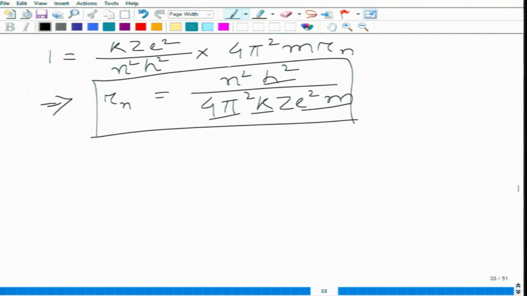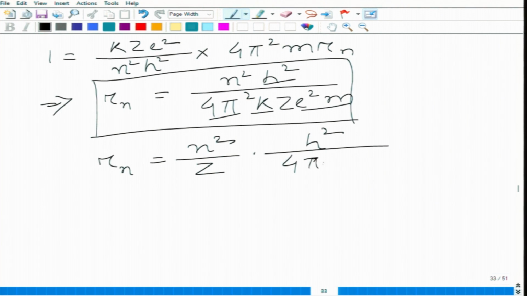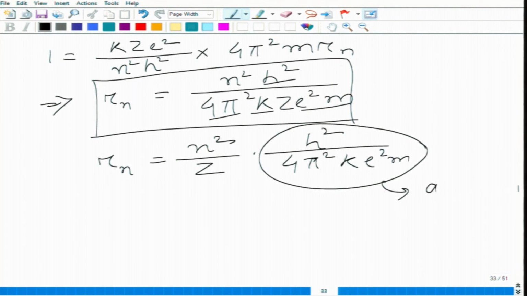It is the n, that is the principal quantum number, and Z, that is the system for which we are calculating. So we can reduce this as Rn equal to n square by Z into h square by 4 pi square k e square m, and we can write this expression as a naught. So we get Rn equal to n square by Z into a naught.